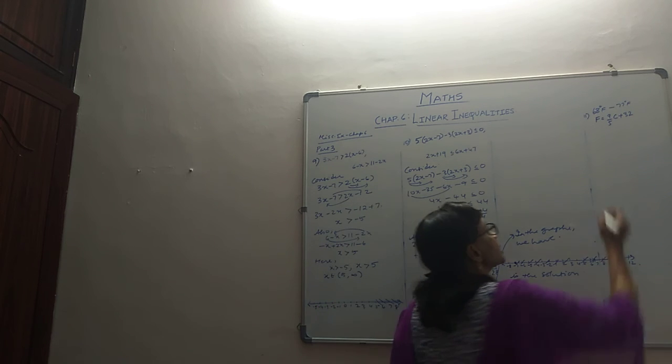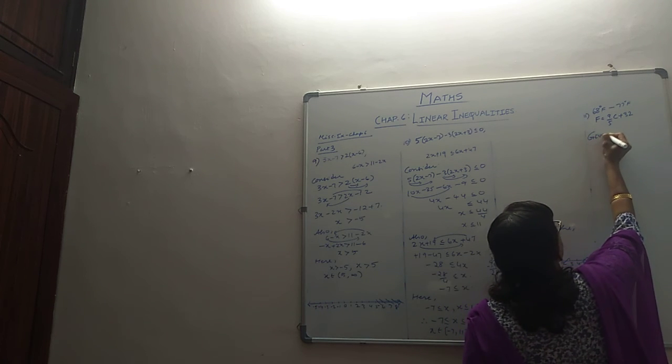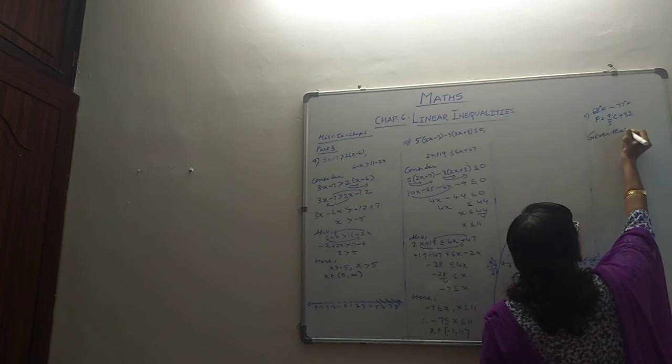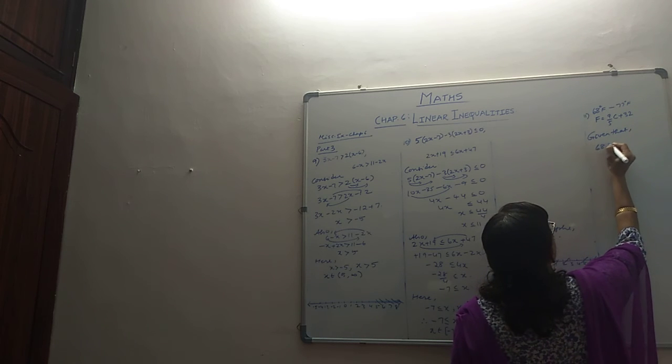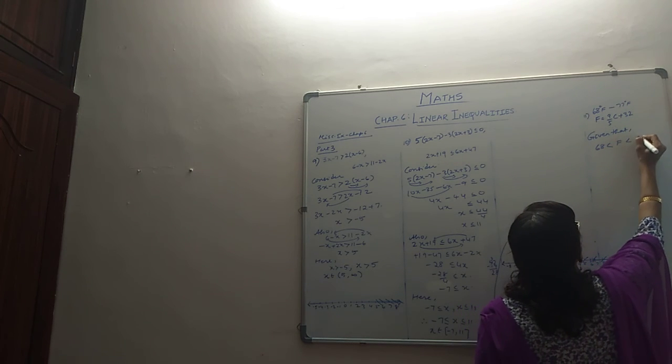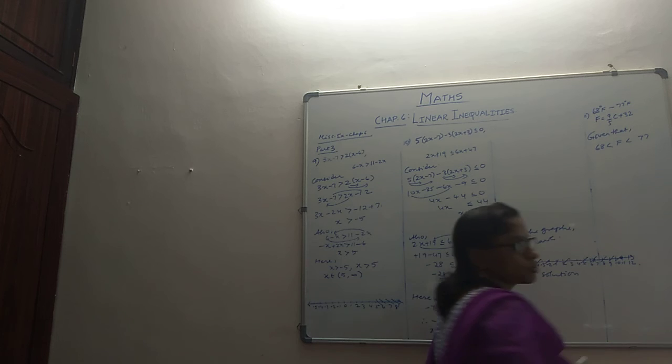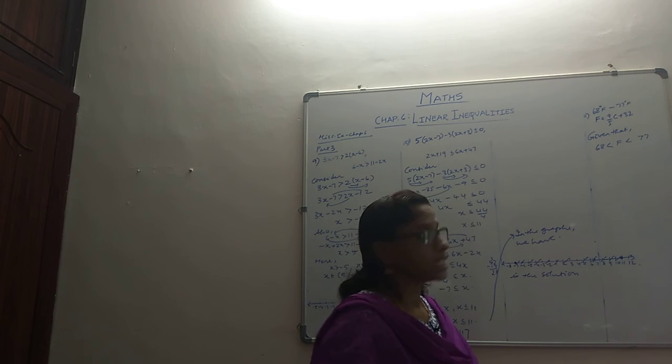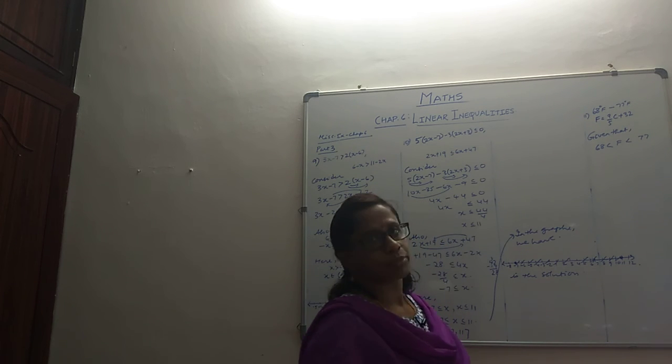So we can write, given that the Fahrenheit is ranging between 68 and 77, right? Because it is given that it's ranging between this, we have put the Fahrenheit, but Fahrenheit is equal to a certain thing.